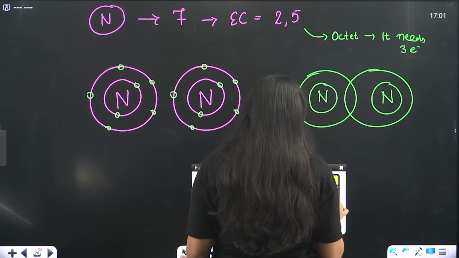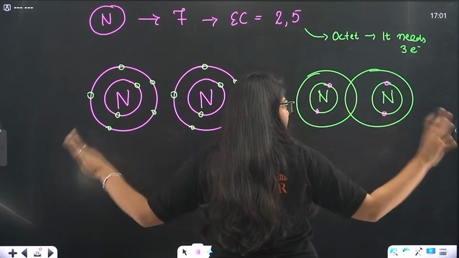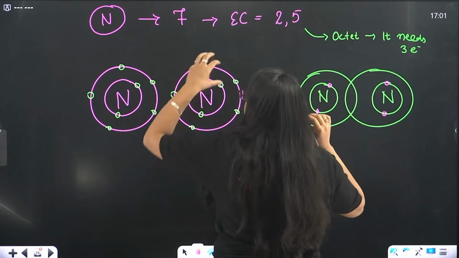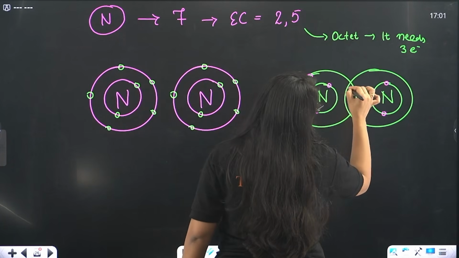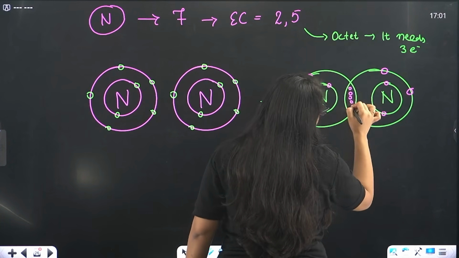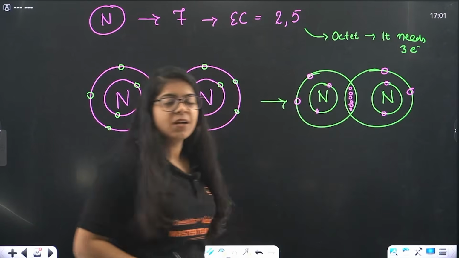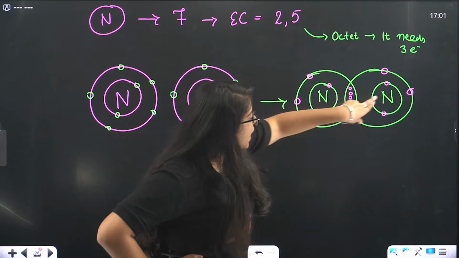How would they do that? 1 and 2 in the K shell, undisturbed, unworried about the outer world. Now this will share its 3 electrons. 1, 2, 3, and 1, 2, 3. Done? Done. So it shared its 3 electrons.